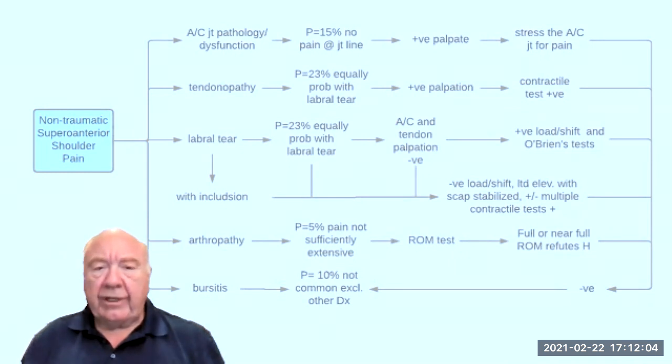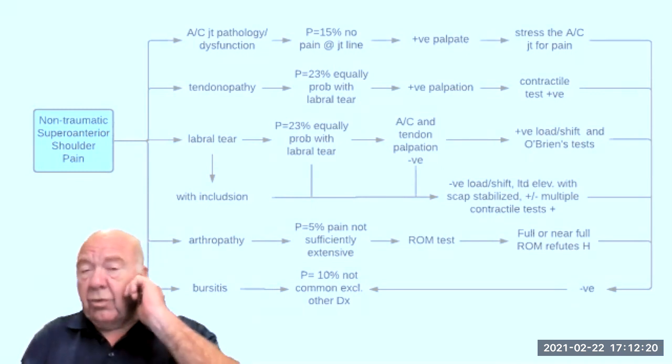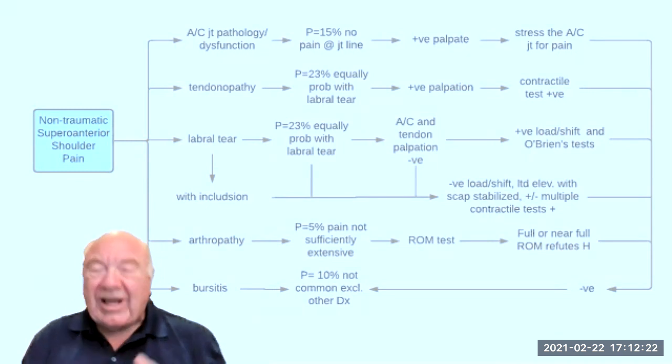And if you're wondering how you can get a labral tear without having trauma, they're degenerate labral tears and they come on with triggers rather than causes. So this thing has been degenerating for a while for whatever reason, possibly because of weakness of the rotator cuff allowing too much sliding of the humeral head and beating up on the labrum. So I've given these about equal probability because that's my experience with them.